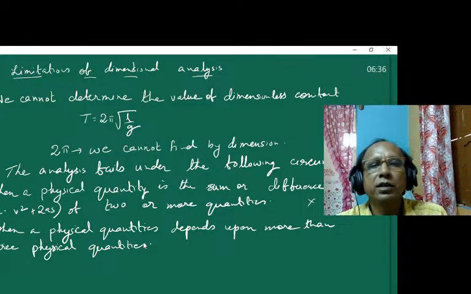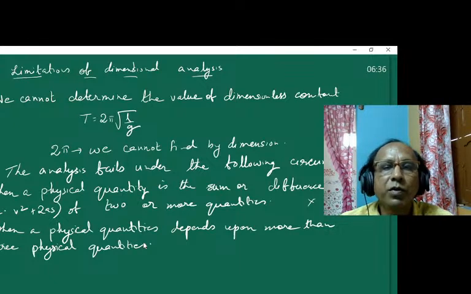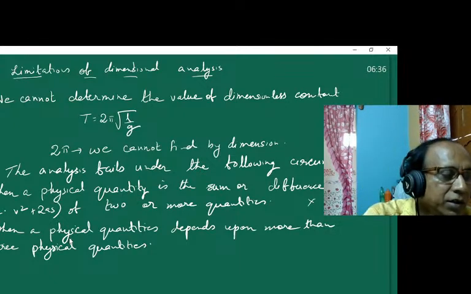The analysis fails under the following two conditions: when a physical quantity is the sum or difference of two or more quantities, and number two, when a physical quantity depends upon more than three physical quantities, then it also fails.